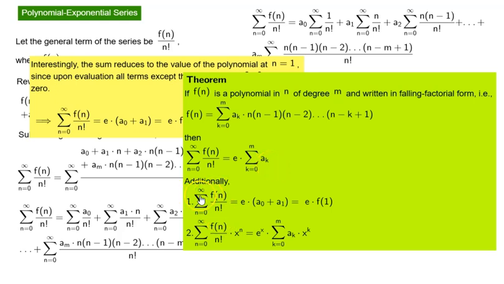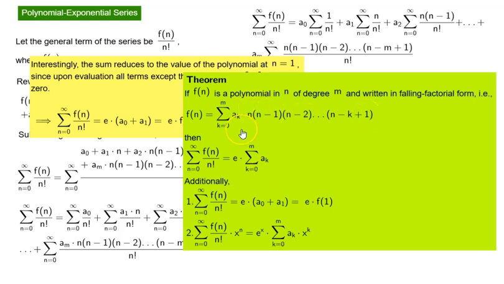Additionally, we have seen that it is equal to e times a sub naught plus a sub 1, which is equal to e times f of 1. Now, if there is x to the power of n as well, then we would have e to the power of x times the finite series a sub k times x to the power of k. This theorem really helps us in evaluating any series which contains falling factorial.